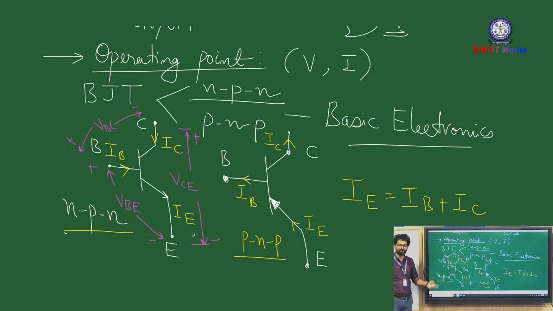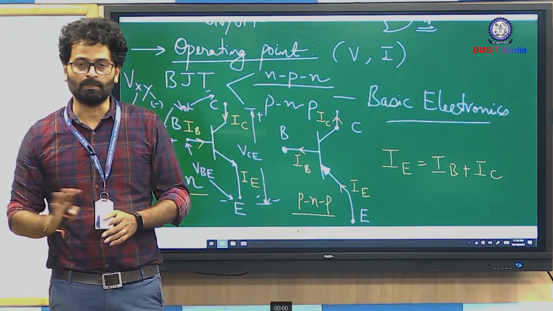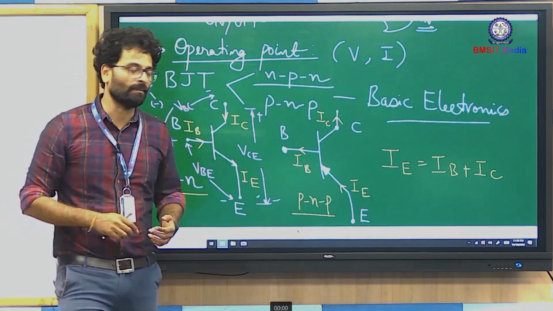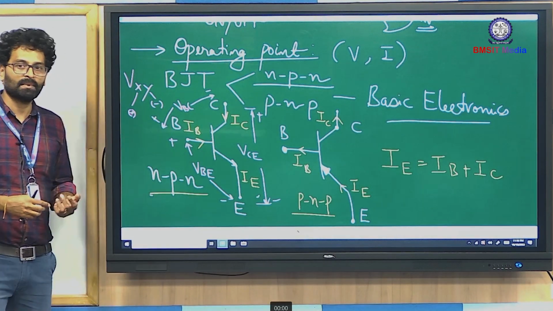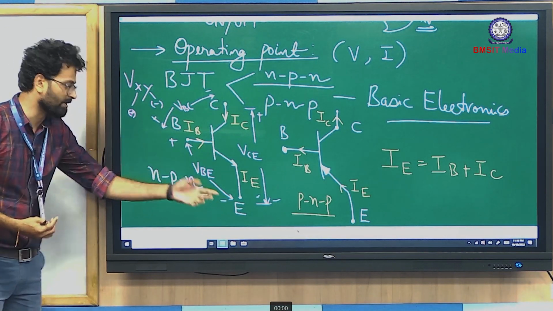This double subscript notation, I guess you are aware of it, right? Suppose we mention something like determine the potential difference Vxy, it is assumed that X is at higher potential and Y is at lower potential. You may end up getting plus voltage or minus voltage. That is okay. This is just an assumption that base is operating at a higher potential compared to emitter.